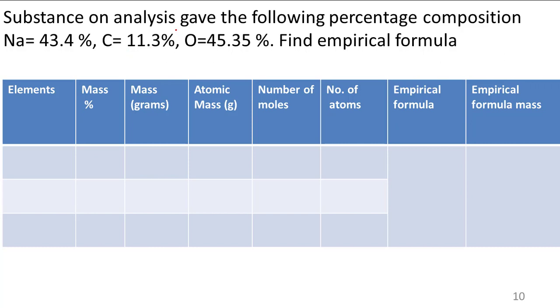A substance on analysis gave the following percentage composition of sodium, carbon and oxygen. So we have three elements: sodium, carbon and oxygen.